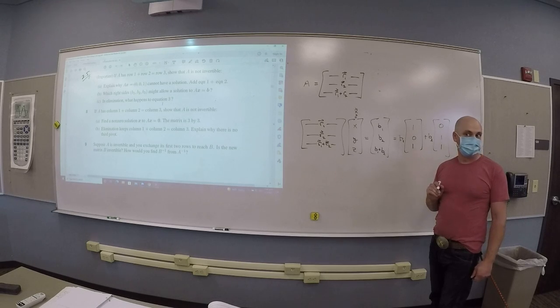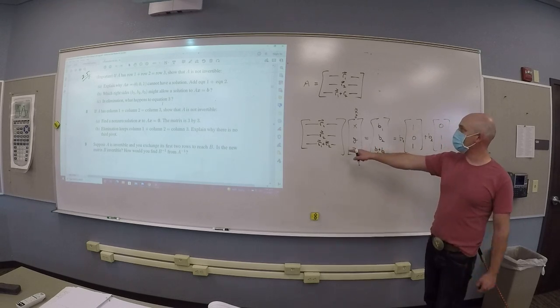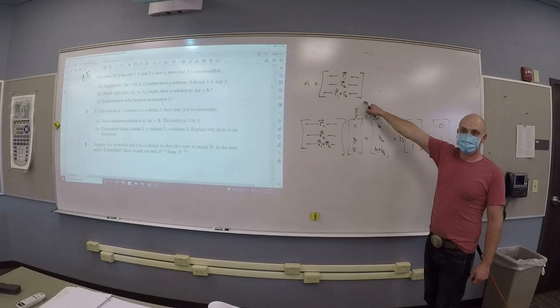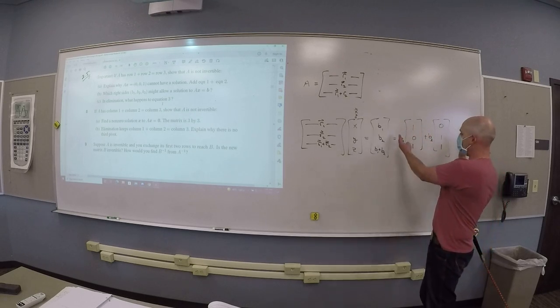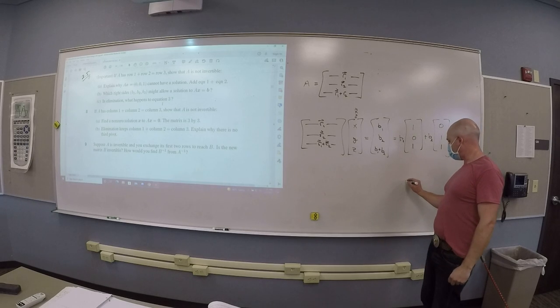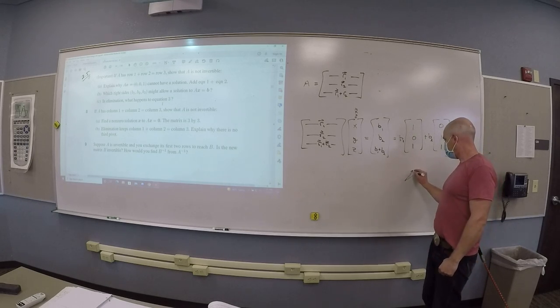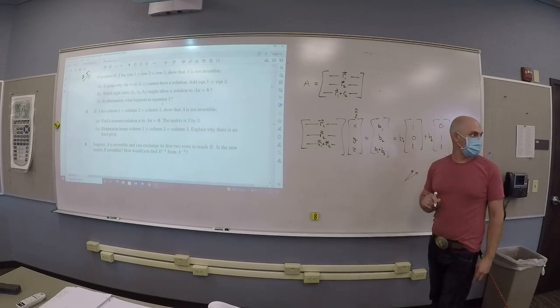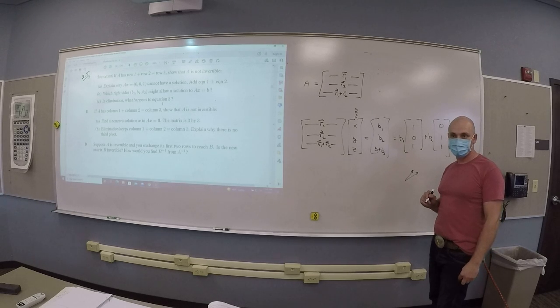You guys see that? So the range of my matrix A is any vector in three-dimensional space that I can write like this. You see that? And these two vectors are just two vectors in the plane, right? Cool.